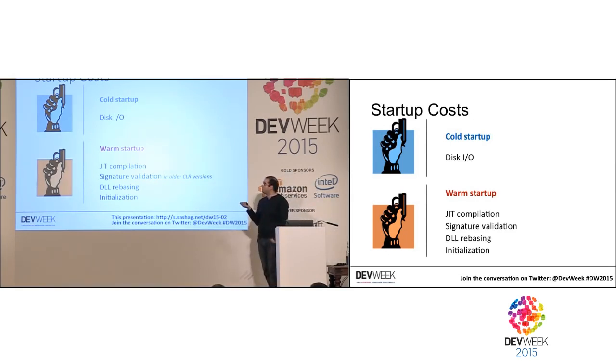There's a Windows thing called DLL rebasing, which happens when multiple libraries collide and want to be loaded at the same memory address. This is also less the case for .NET applications anymore. And finally, there's initialization, the stuff you do during startup: reading from the database, initializing your in-memory collections, creating your UI, of course. So these are the costs that we're trying to reduce. Lots of effort should be placed on cold startup costs to reduce I/O, because that's the thing that often takes seconds or even dozens of seconds.